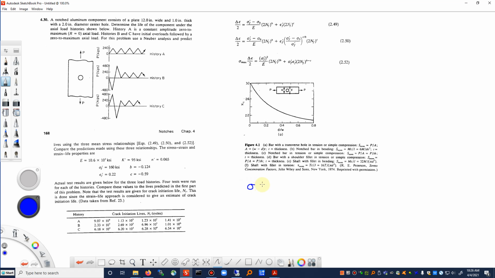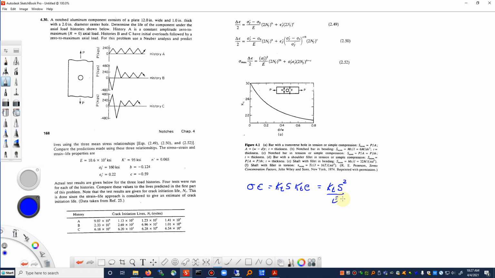And so the version of Neuber's rule that we're going to use looks like this. The notch root stress and strain product is going to be equal to KT times the nominal stress S times KT times the nominal strain, little e, or KT squared S squared over E, where S is the nominal stress as defined in this problem statement with this figure.